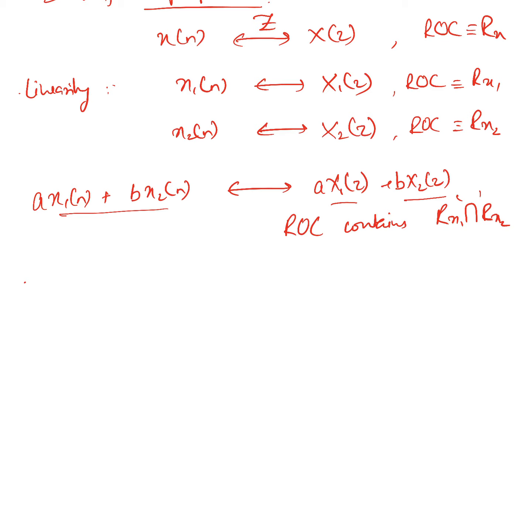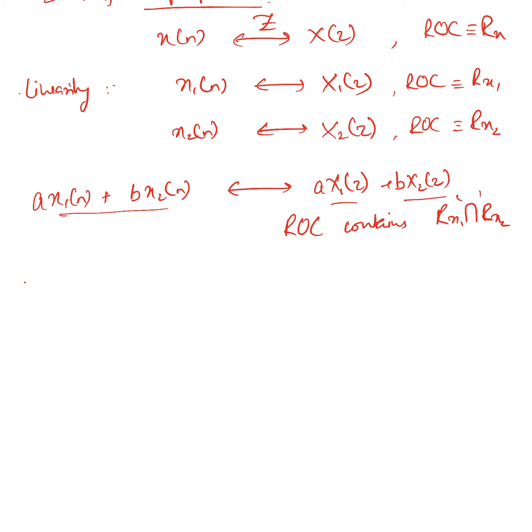So for sequences with rational Z transforms, if the poles of a X1 plus b X2 consist of all the poles of X1 and X2, that is, if there is no pole zero cancellation, then the ROC will be exactly equal to the overlap of the individual ROCs.